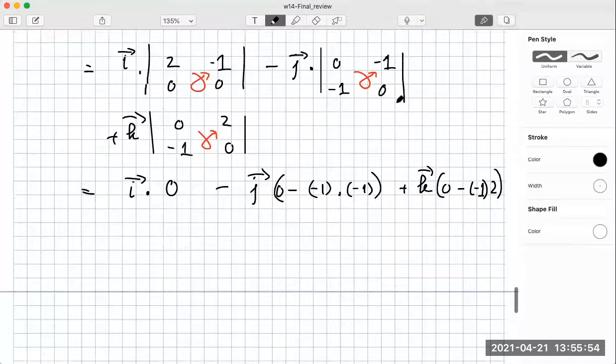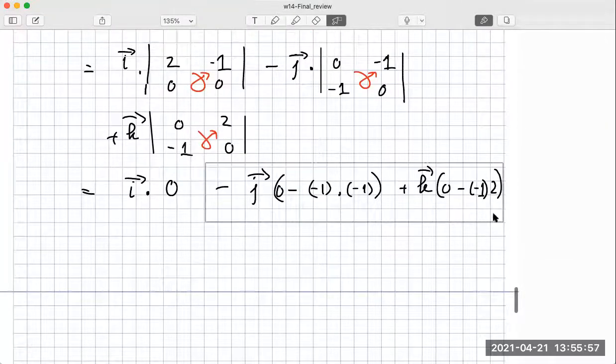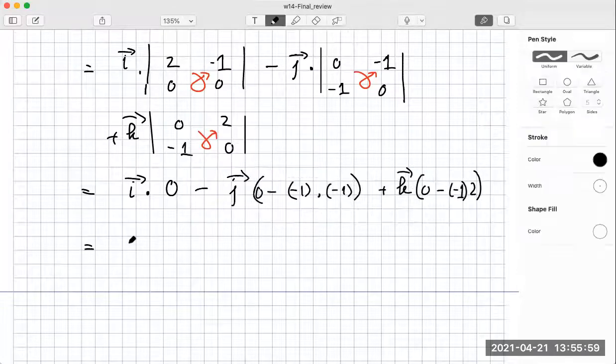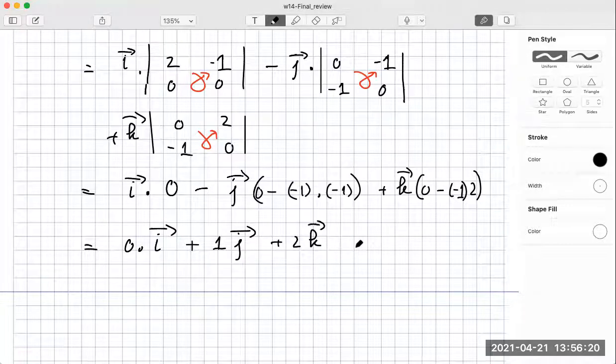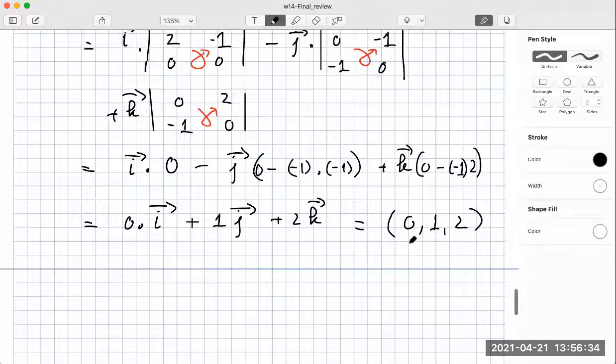Now, we write it clearly. Here, it will still be 0i minus, this becomes -1 here, right? And the negative gives us plus 1j. And here, thank you, 2k. Or if we write it in this form, 0, 1, 2, right? So we know the vector n here is 0, 1, 2. Very nice. Okay.